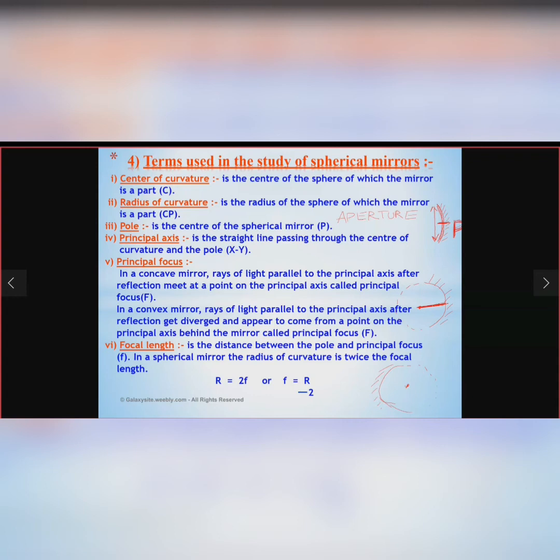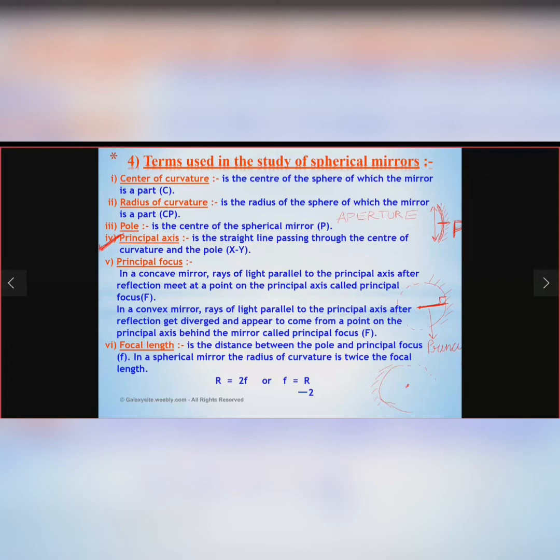It will make almost a 90-degree angle with the mirror. This imaginary line is called the principal axis. So it's the imaginary line which joins the center of curvature and the pole of the mirror.